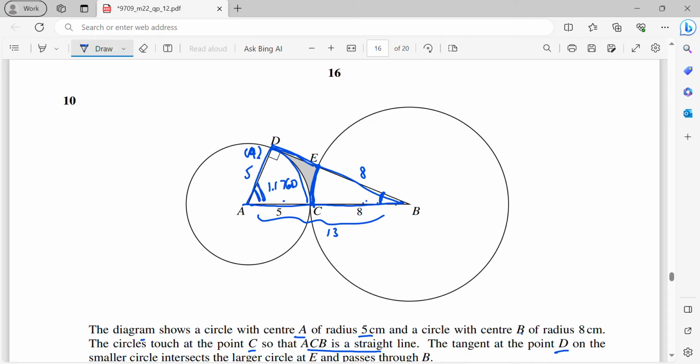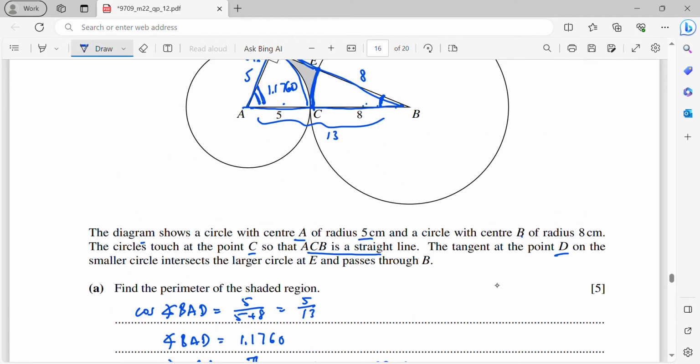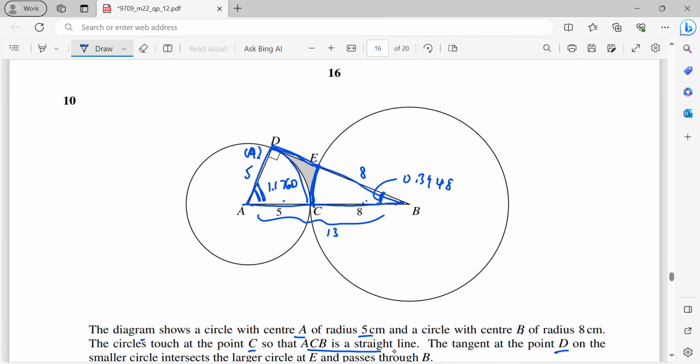So that is my angle DBA, and that will be 0.3948. Okay, then I can find the arc lengths later on for these two sectors.